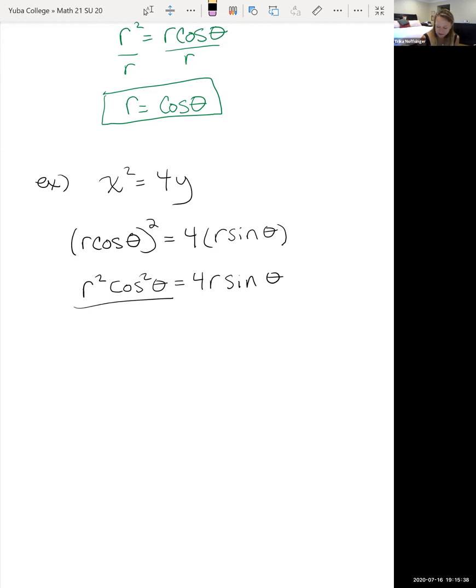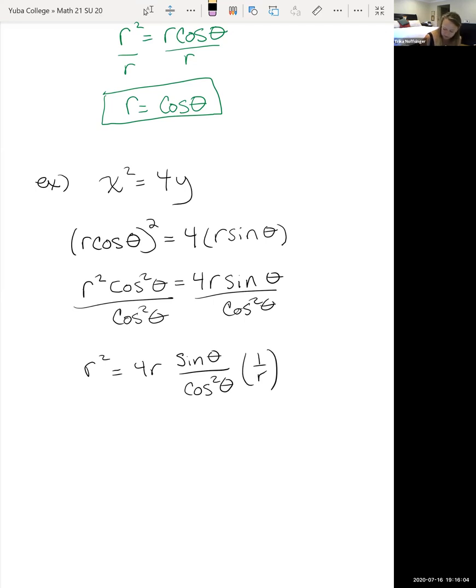If we divide both sides by cosine squared theta, we get r squared is equal to 4r sine theta over cosine squared theta. If I do the same idea that I did up here and divide both sides by r, this gives us r is equal to 4 sine theta all over cosine squared theta.